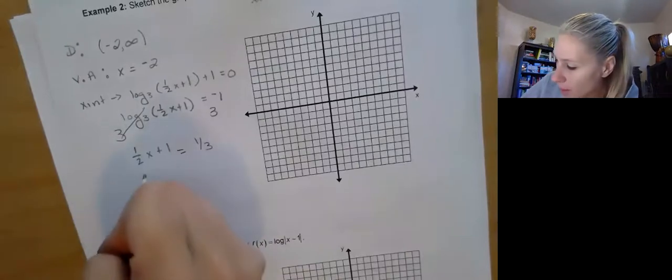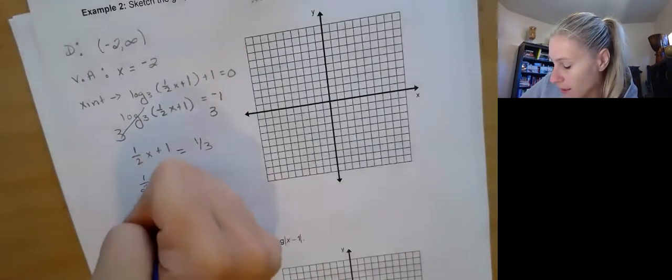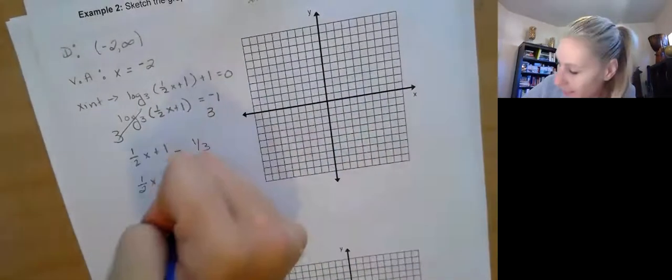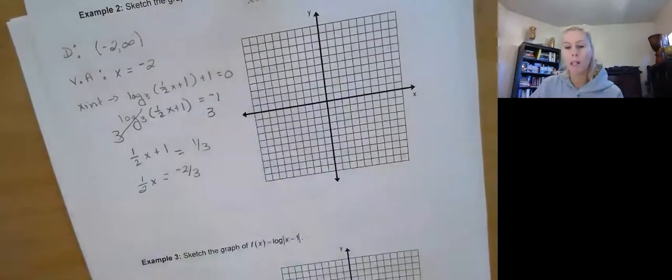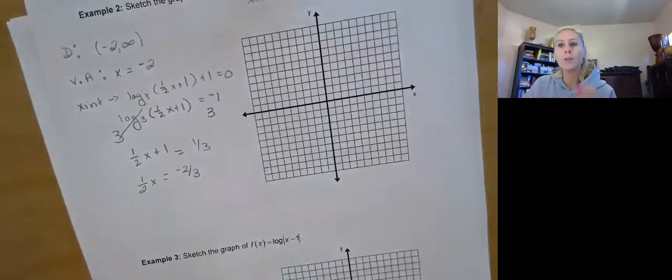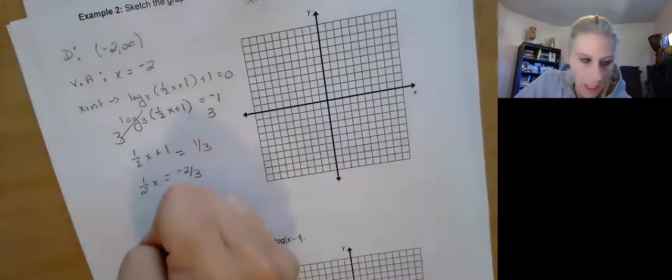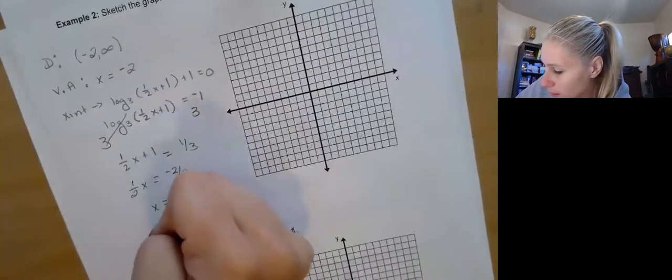All right, so we have to subtract 1 from both sides. We get 1/2 x equals -2/3. Again, you can do this on your calculator if you want. Also keep in mind, do not use decimals because a third keeps repeating over and over, and if you start rounding that, it changes your whole answer. Okay, x equals, and if we multiply both sides by 2, we get x equals -4/3.